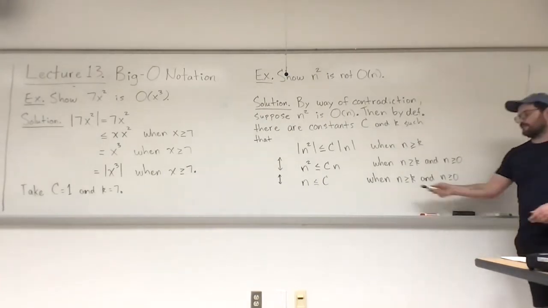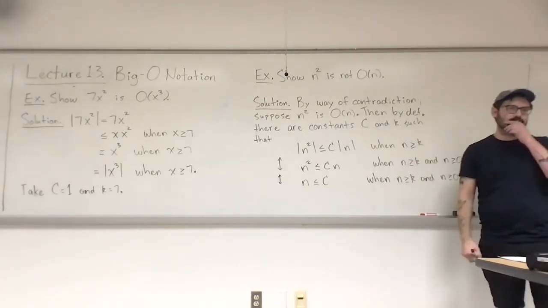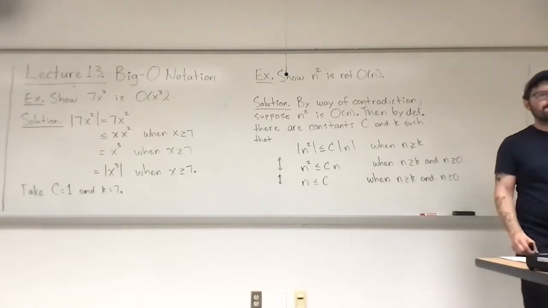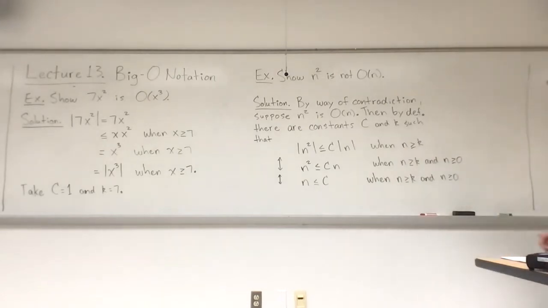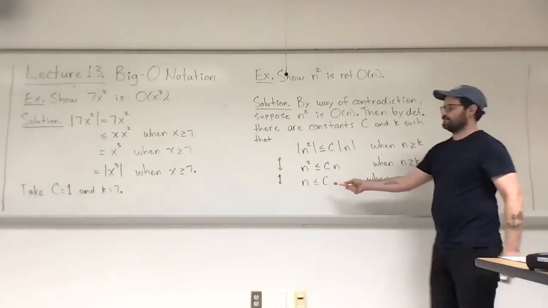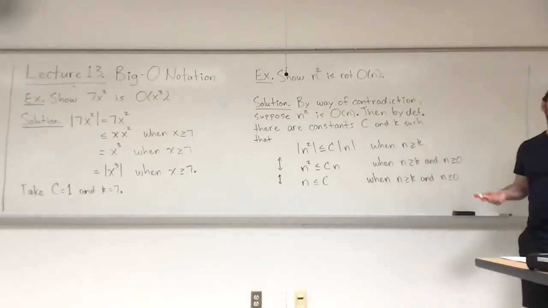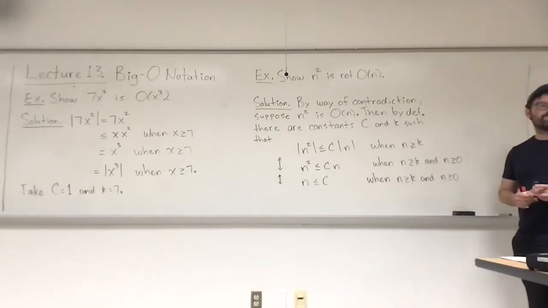So for any n that satisfies this, that's going to be true. What's wrong with that statement right there? What's wrong with this last line here? Something's wrong. There's a problem.